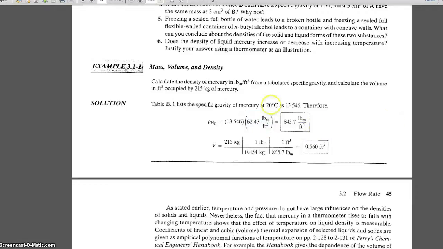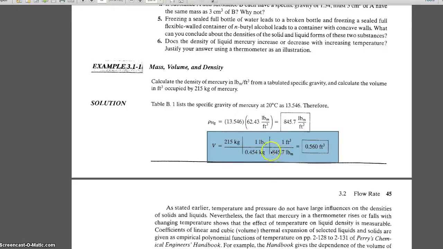So that being said, now we can find the volume of the mercury occupied by 215 kilogram of mercury. We have to use this solution here.